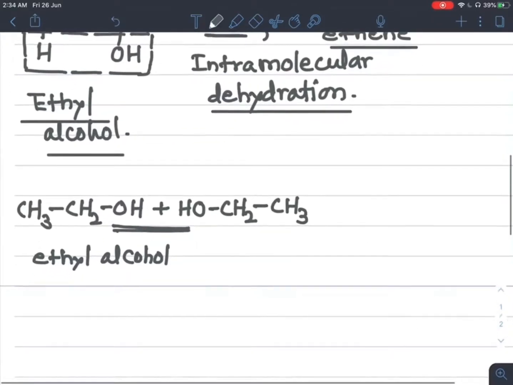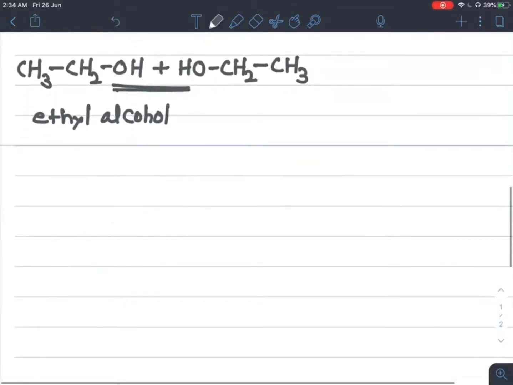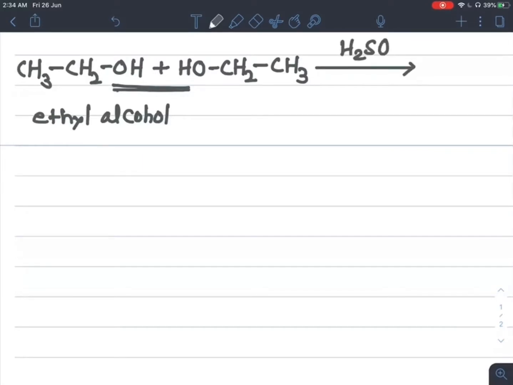This is one molecule of ethyl alcohol and this is the other. Removal of water takes place in between these two molecules when they are treated with concentrated H2SO4 at the low temperature required, that is 413 Kelvin.